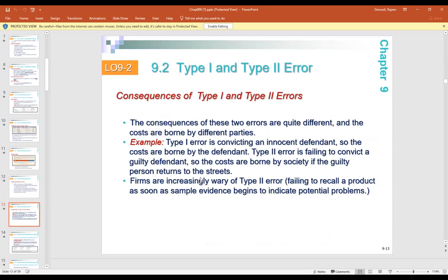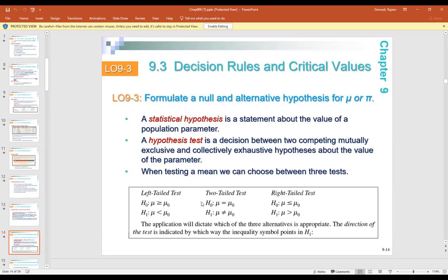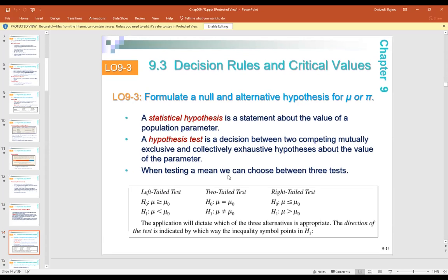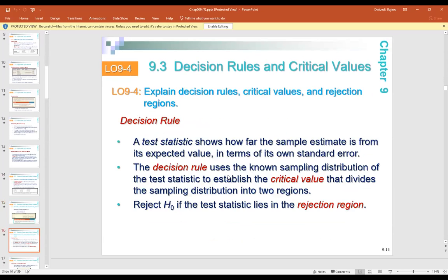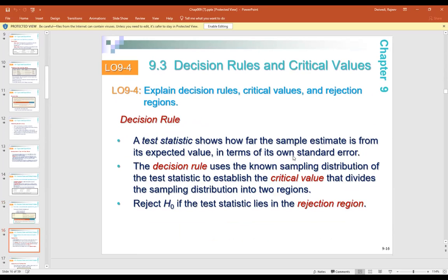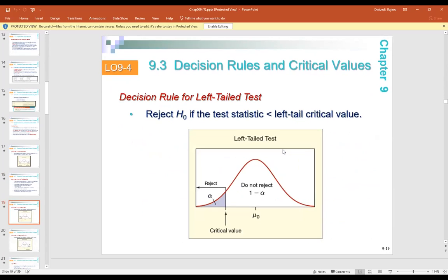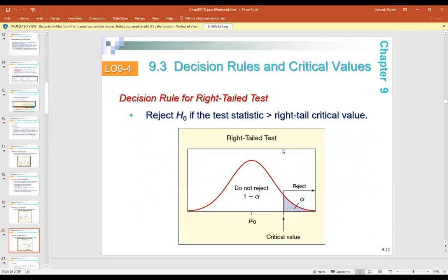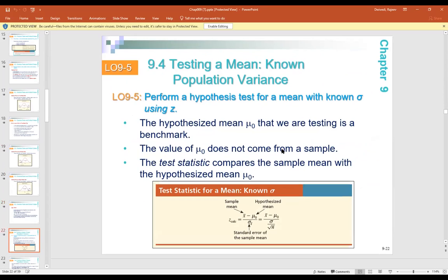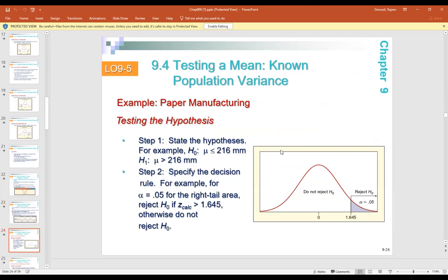So let's go directly into the example. Here is the first example.